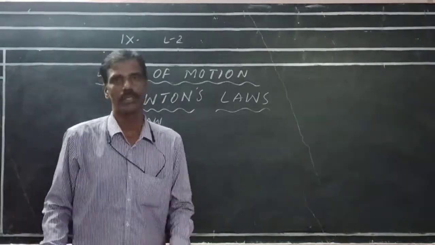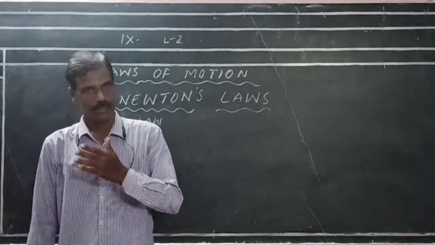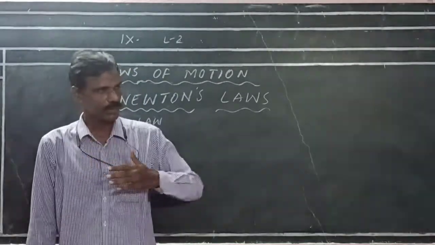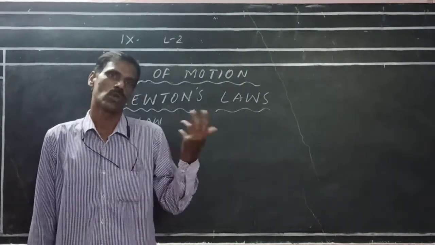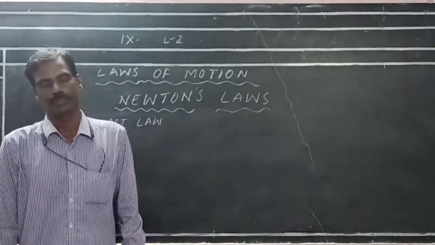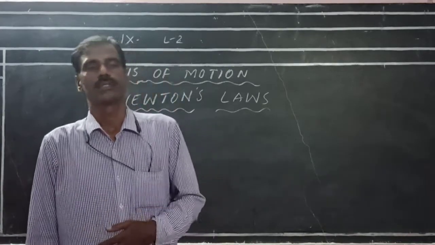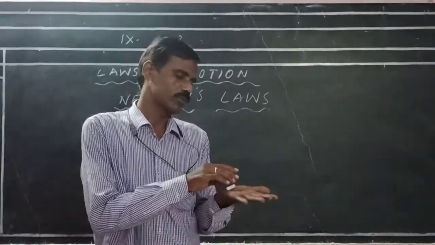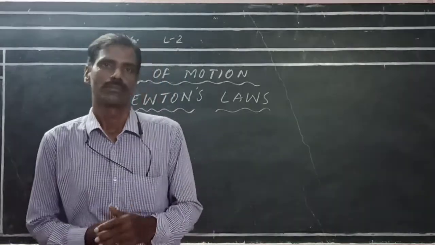Similarly, a body continues to be in the state of motion when it is not stopped by anybody. You may ask me, sir, when we roll an object, it stops after moving for some time.